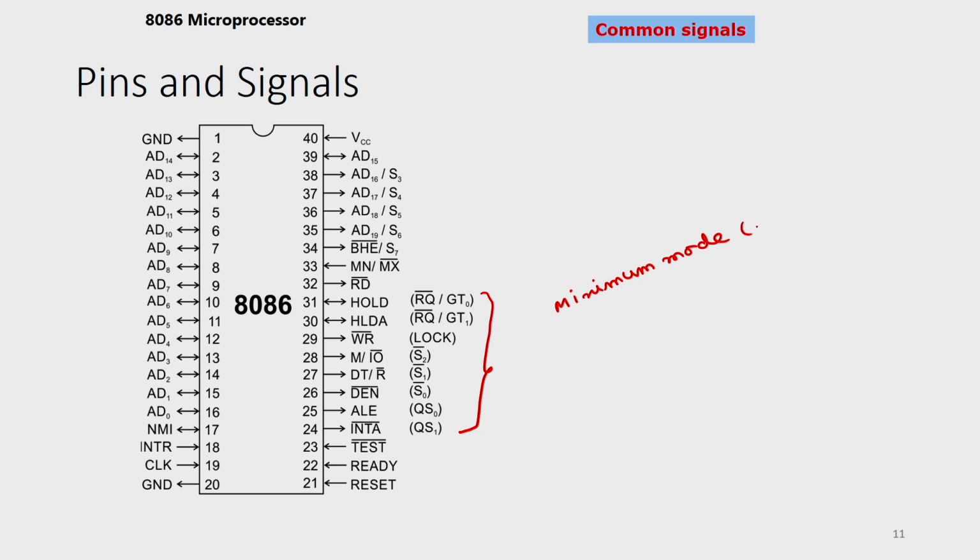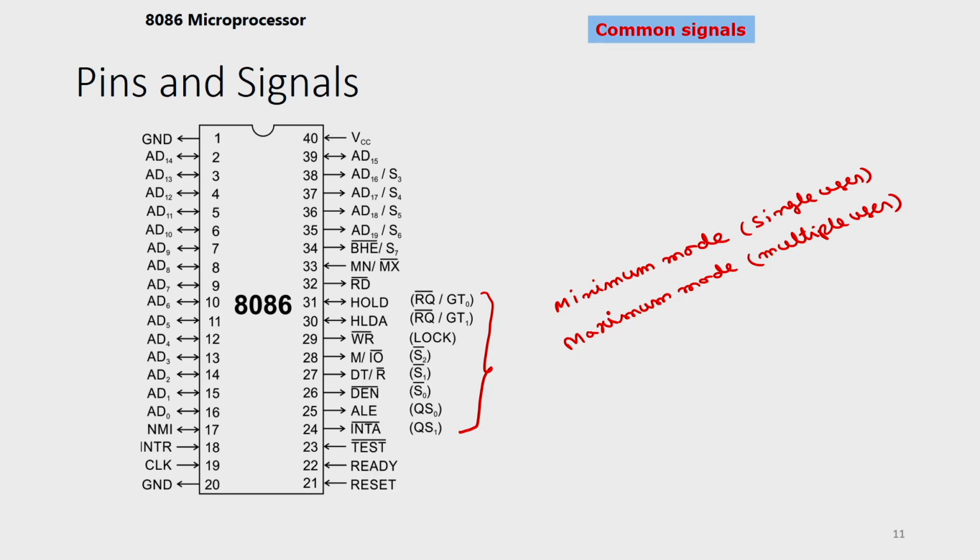Minimum mode is single user and maximum mode is multiple user. Multiple users can access the 8086 at the same time, which is called multiprocessing.